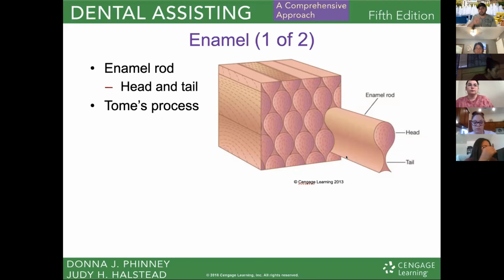Every time an enamel rod is laid down on top of each other, the layer before that becomes stronger. Because of the way these are shaped and the process by which the bottom layer hardens, this is why the enamel is the strongest structure in the mouth. It's just the way it's formed and the structure of how it's formed.